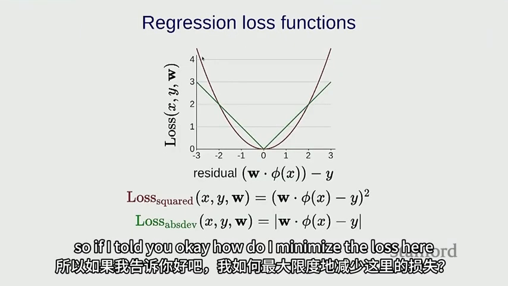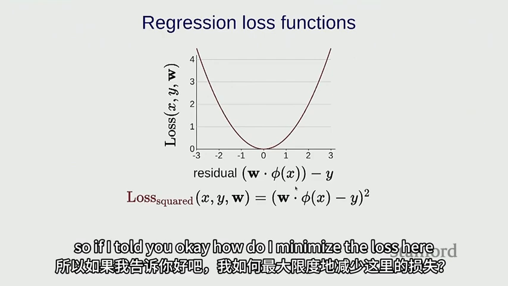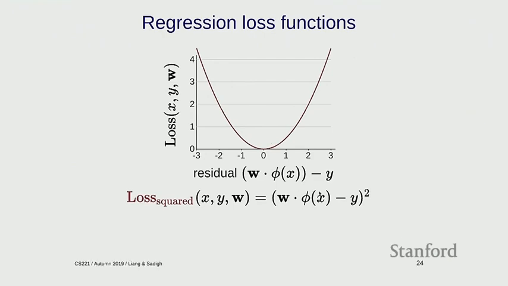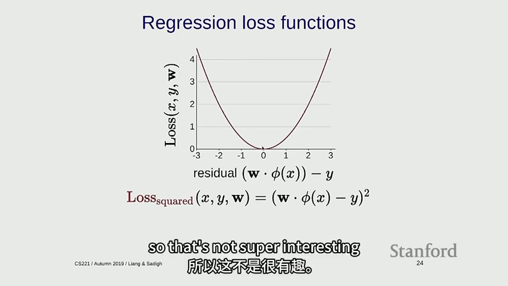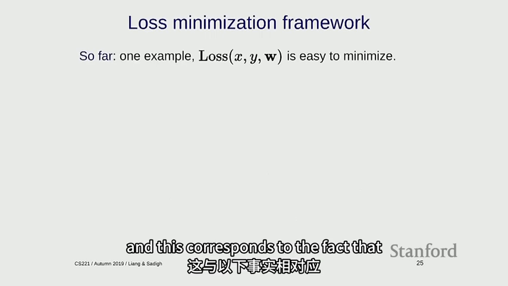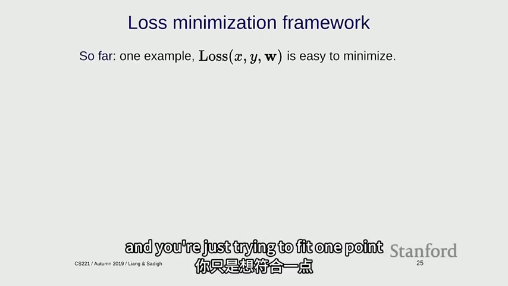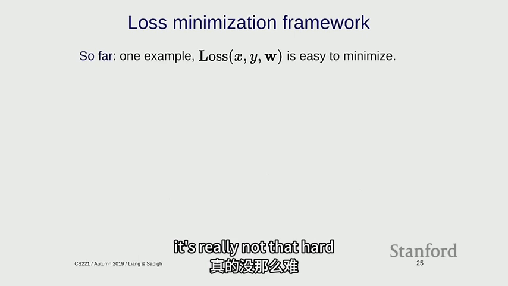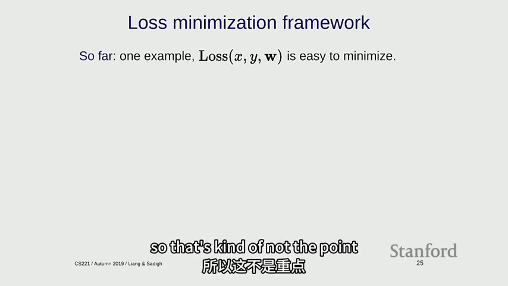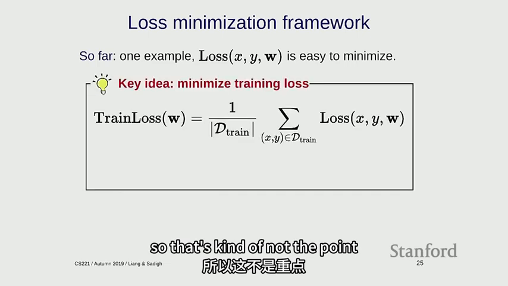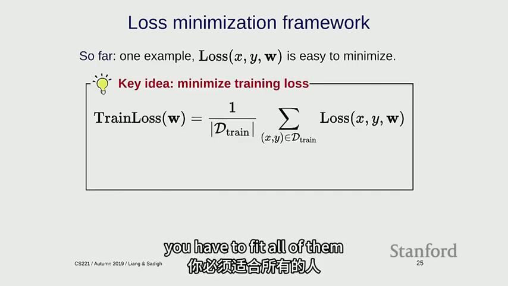If I asked how to minimize the loss here, well, it's 0, done. So that's not super interesting. This corresponds to the fact that if you have a classifier and you're just trying to fit one point, it's really not that hard. That's not the point. The point of machine learning is that you have to fit all of them.